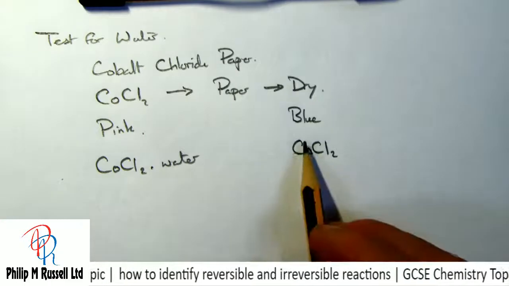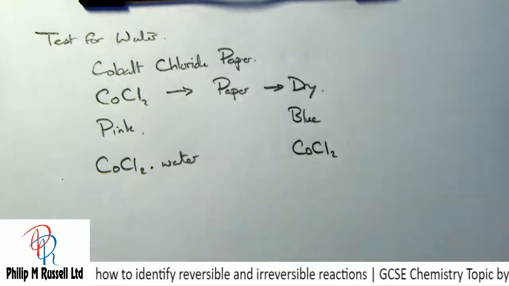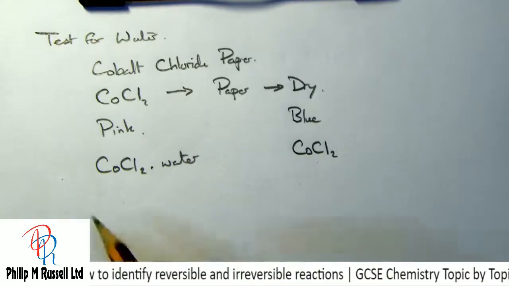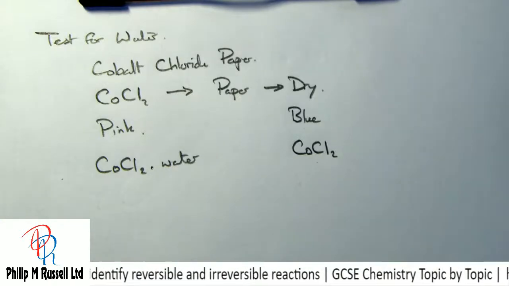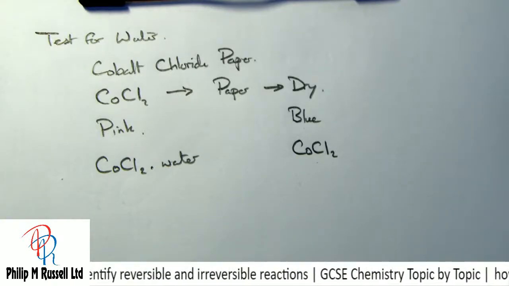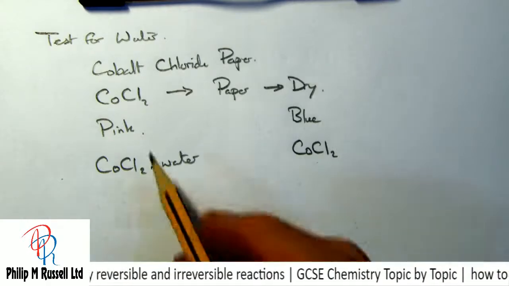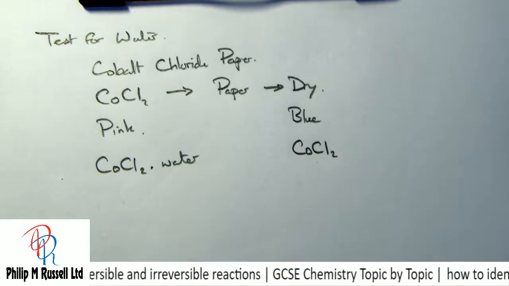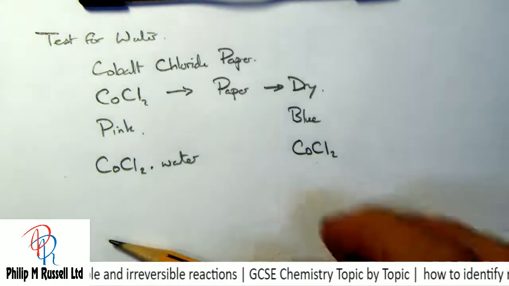So we could just take a small amount of anhydrous copper sulfate and if it turns blue, then that could be a test for water. The problem is that in fact it will go blue when you add a few other substances to it, whereas cobalt chloride doesn't, and that's why we use cobalt chloride paper to test for water.